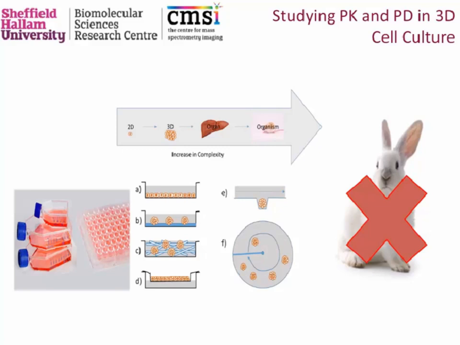We can see here on the slide they come between the 2D models and the organ models and the whole organism. They certainly are useful for preclinical work, and there's definitely a role for 3D cell culture technologies in the 3Rs agenda, the reduction, refinement and replacement of animals in early stage work, and I'll talk to you about that a little bit at the end.